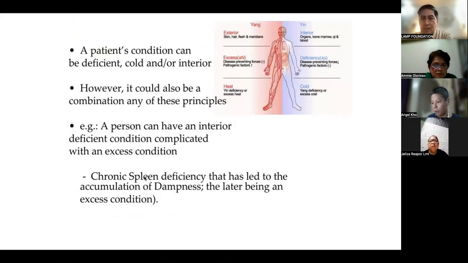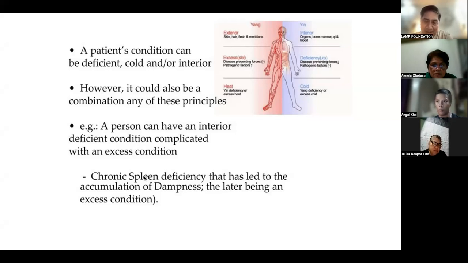Or it could be a combination of any of these principles. A person pwedeng mayroon siyang interior deficient condition complicated with an excess condition. For example, this one, very common po ito. When you have chronic spleen deficiency, ano mangyayari pag mahina ang spleen?